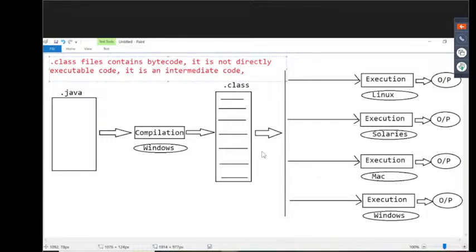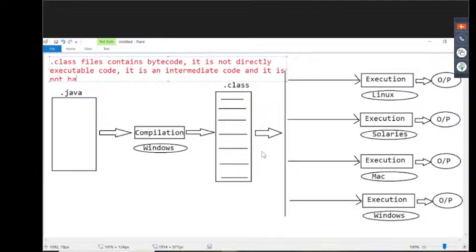It is not source code. At the same time, it is not executable code. Everybody understand my point clearly now? Okay, fine. It is an intermediate code. And what is its nature actually?